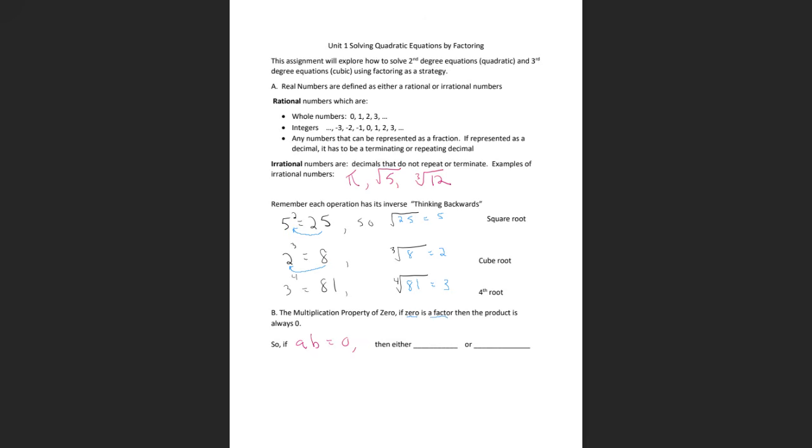So if we have a times b is equal to 0, the only way this can hold true to get a 0 as the product is either a has to equal 0, or b has to equal 0 for that to hold true. So if one of the factors is equal to 0, then the answer itself has to be 0.